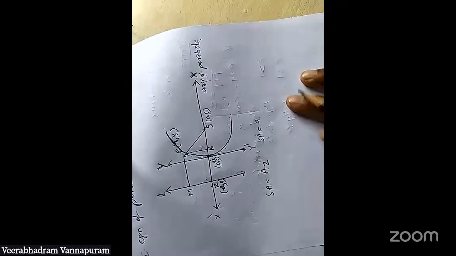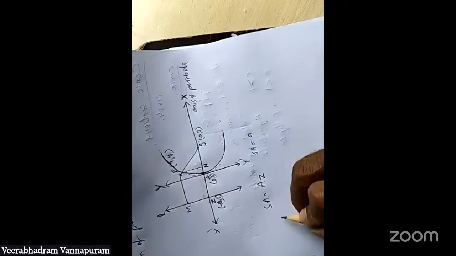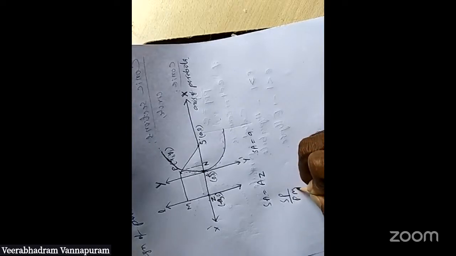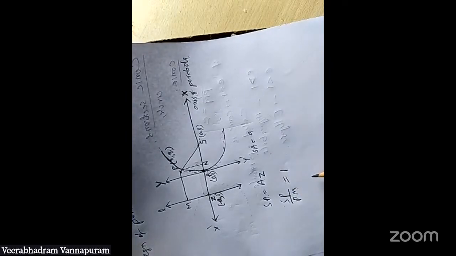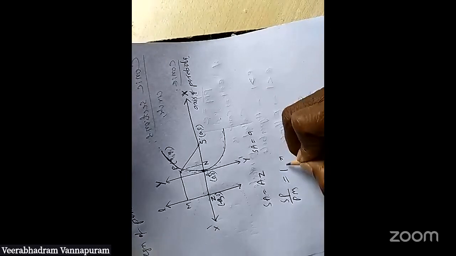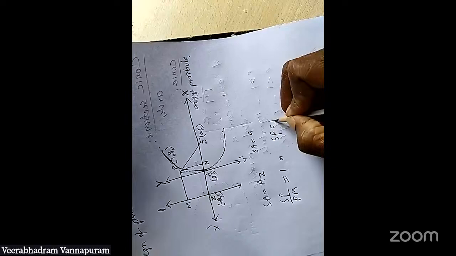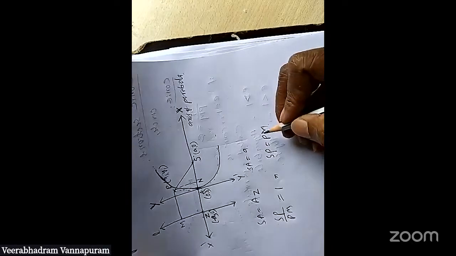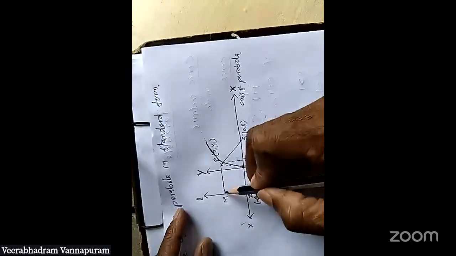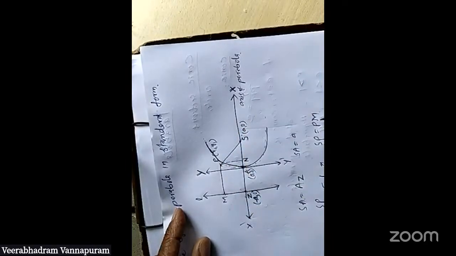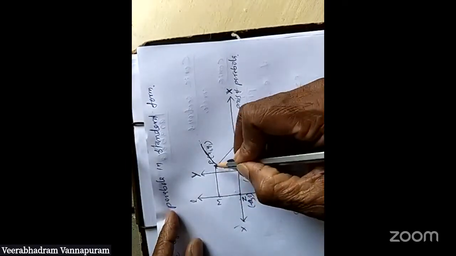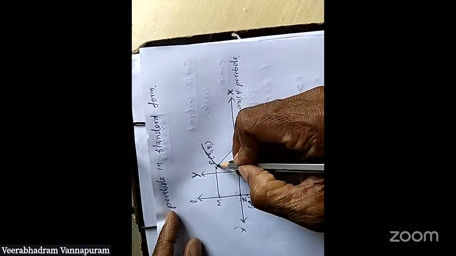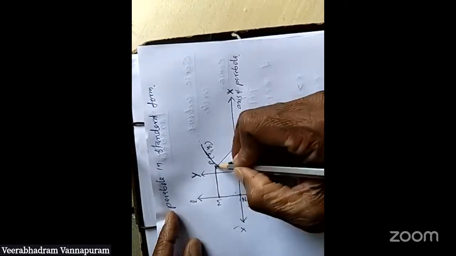By the definition of the parabola, we have SP by PM equal to 1. That implies, cross multiplying, SP equals PM. PM means the perpendicular distance of the point from the directrix.